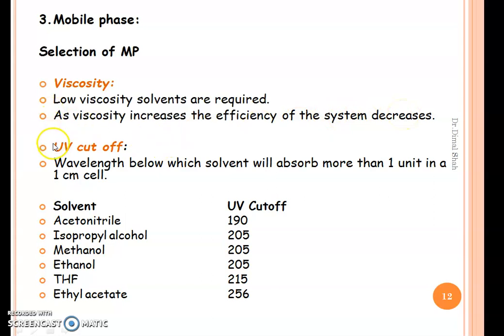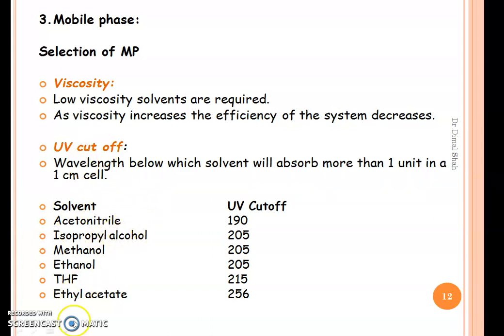The second important factor for solvents used as the mobile phase is the UV cutoff value. What is UV cutoff? It is the wavelength below which the solvent will absorb more than 1 unit in a 1 centimeter cell. So ideally, it is a wavelength below which we cannot work because the solvent absorbs appreciably.